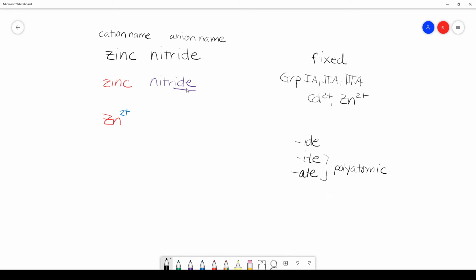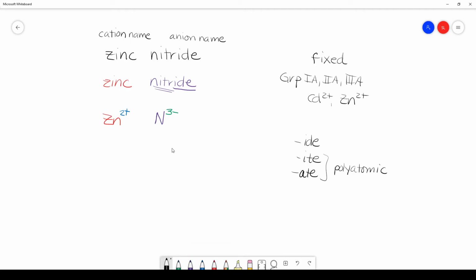So nitride, as opposed to nitrite or nitrate, is a monatomic ion directly off the periodic table. The root tells us it's nitrogen, and the -ide tells us it's an ion, in this case because it's an ionic compound. And nitride has the charge of 3 minus.